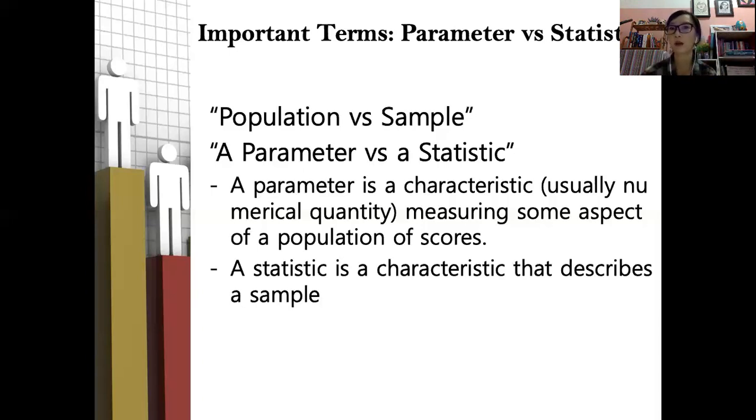Okay, when we talk about parameter and statistics, we talk about it in terms of two basic concepts we find in quantitative research, namely population and sample. Okay, I know that you are still starting your quantitative research class as well, so you might not have learned about this yet.